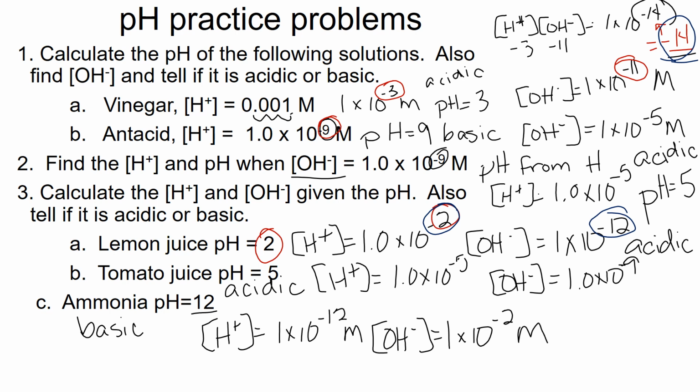So these are some examples that are similar to what I'm going to give you on the test. They're the simple ones that have the 1 in front of it with whole number pHs, but it's more important to me that you understand the concept of pH rather than know all the details of the calculator.